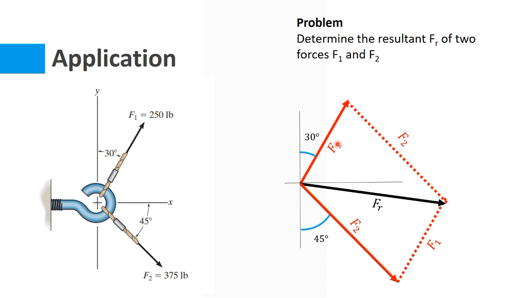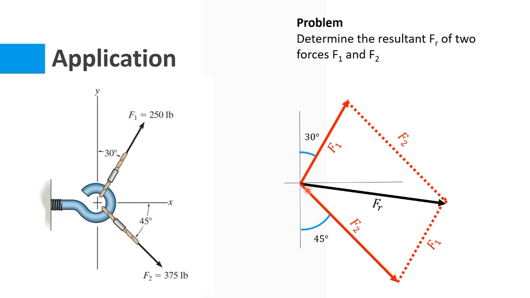Now in this parallelogram, we know the length of this line, which is 250 units. We know the length of this line, which is 250 units. We are already given the length of this line, which is 375 units, and the length of this line, which is also 375 units. And here you can see that two triangles are produced in this figure.